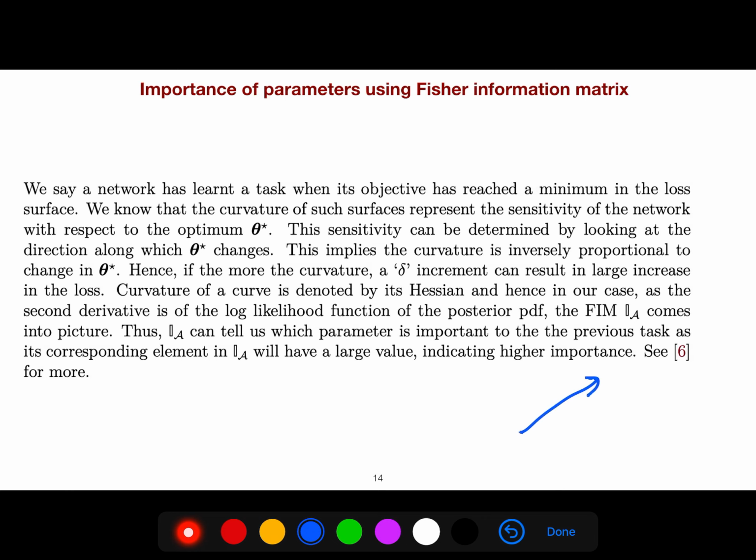This implies the curvature is inversely proportional to a change in theta star. Hence, the more the curvature, a delta increment can result in a large increase in the loss. Curvature of a curve is denoted by its Hessian, and hence in our case, the second derivative is of the log likelihood function of the posterior.